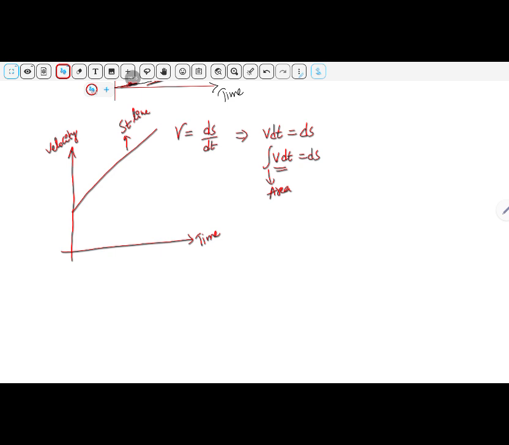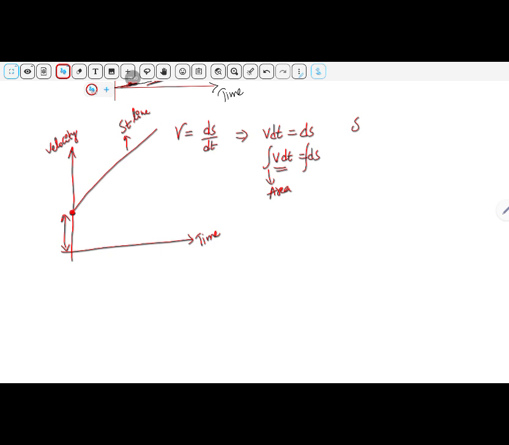What we can say about this graph is that the object has some initial velocity at t equal to 0, and slowly the velocity is getting increased linearly.